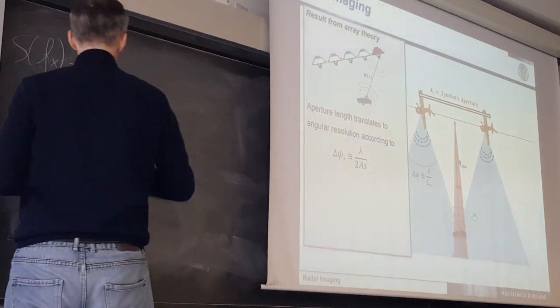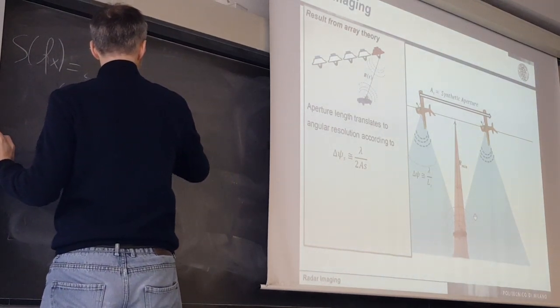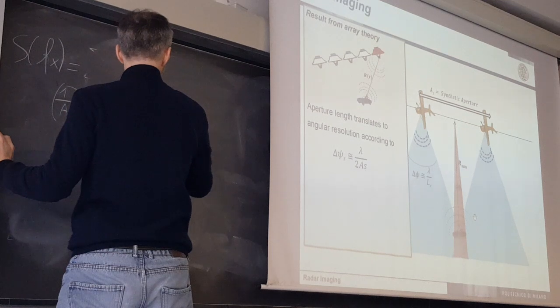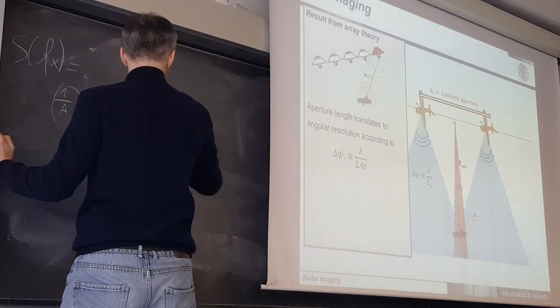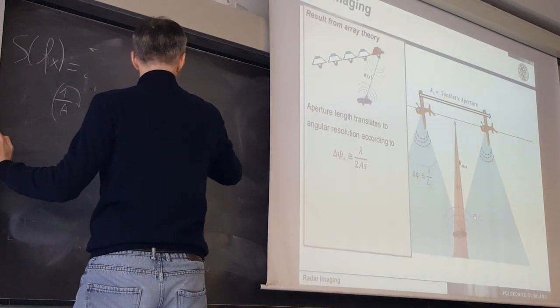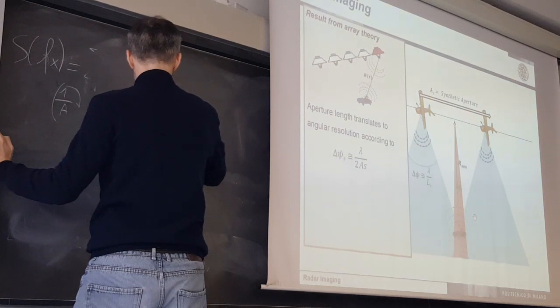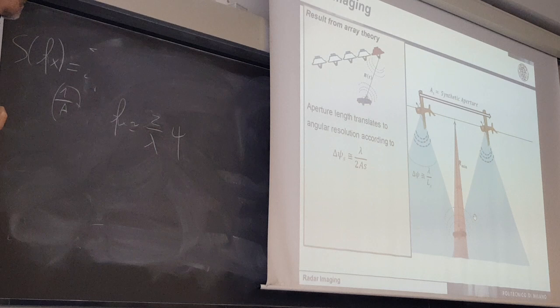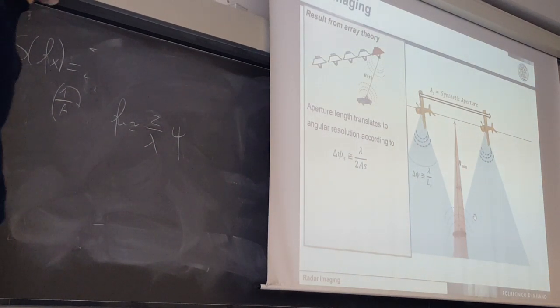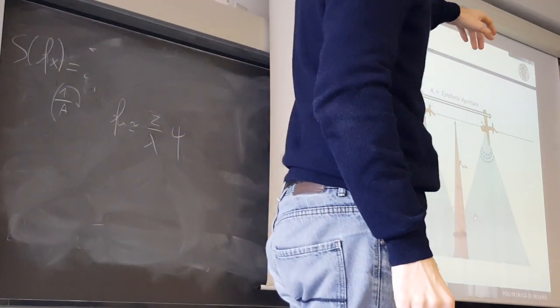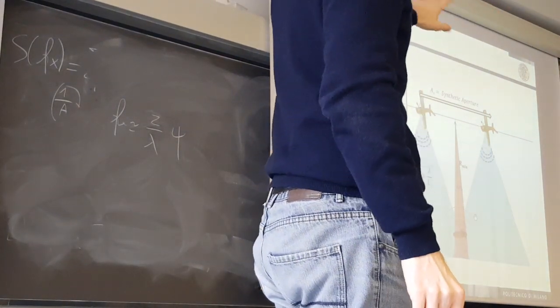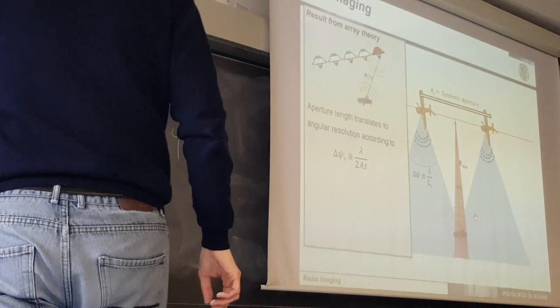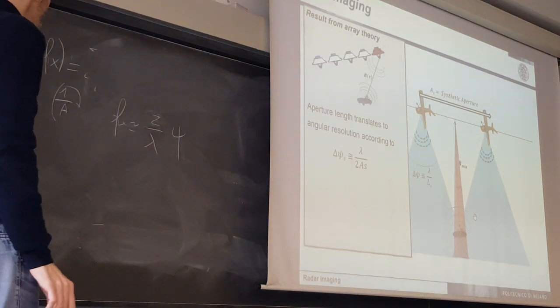We say that the spatial frequency fx is two over the wavelength times the angle. I am simplifying, so instead of the sine, I just take the angle, and this is true when the angle is close to 0.